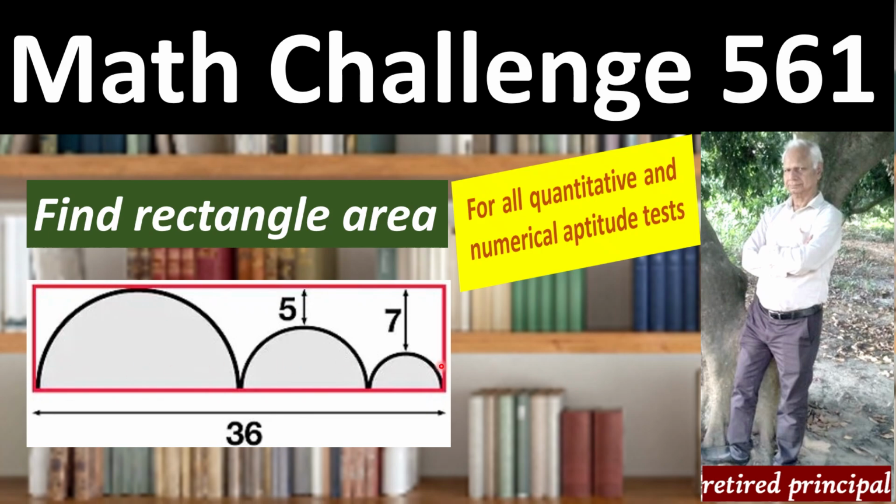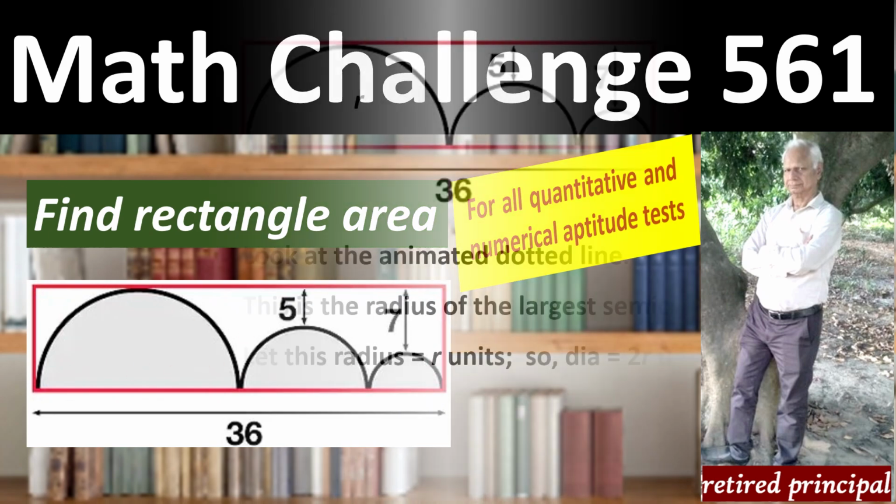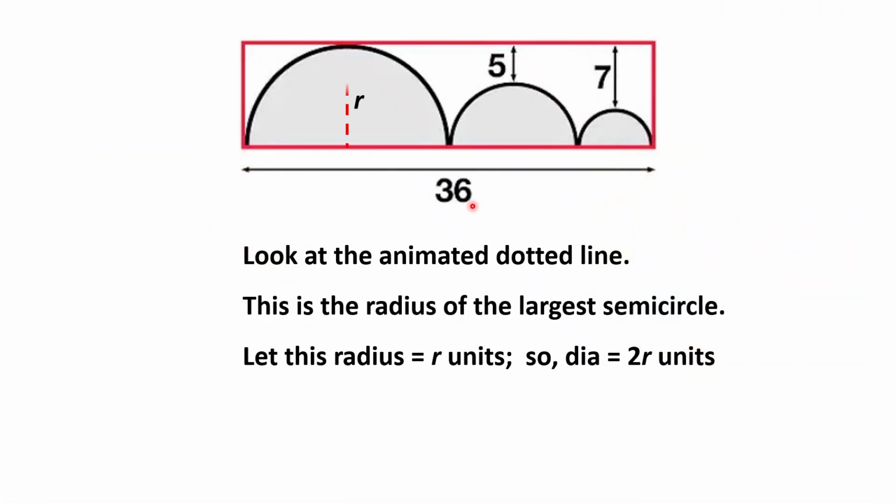Math Challenge 561. Look at the animated red dotted line in the largest semicircle. This is the radius of the largest semicircle.